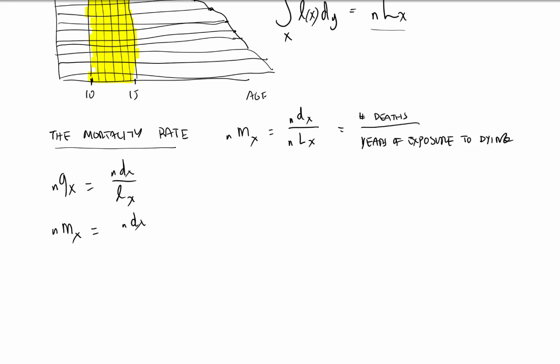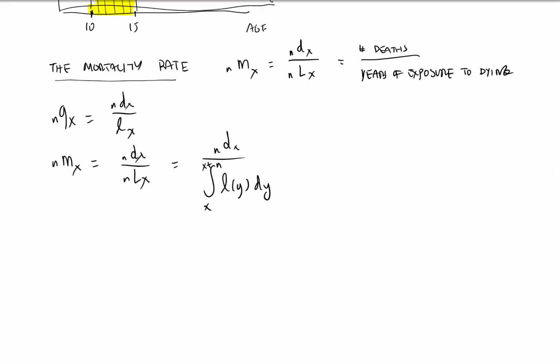That's going to be ndx divided by nLx. And so that's going to be ndx divided by that integral of L of y dy from age x to x plus n. And we'll come back to nmx later.